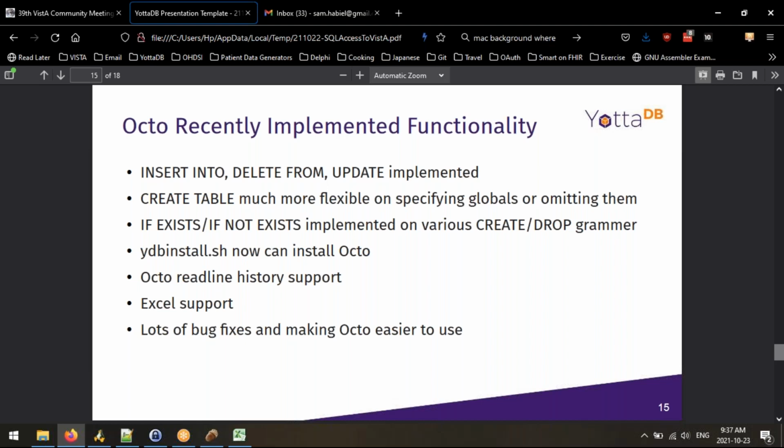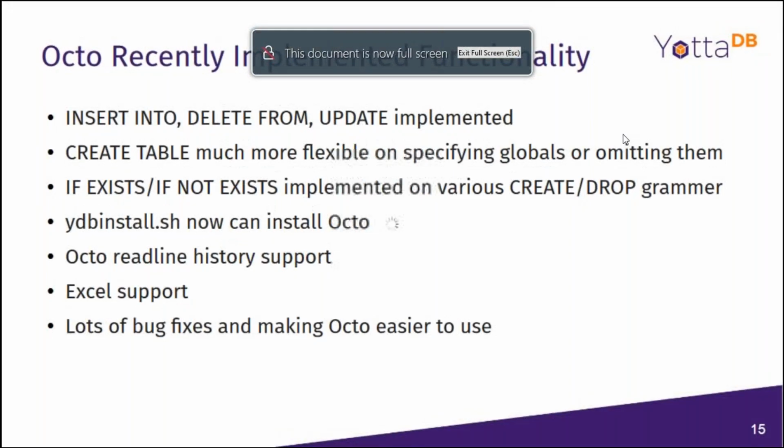Now, the reason we don't allow updates to FileMan globals, and maybe someday there will be a mechanism to do that, is because you don't just go into FileMan and update a global. There are all kinds of rules that have to be followed for updating each field. And right now, Octo does not know about all of those rules, which is why for FileMan and for VistA, there's no updates permitted right now.